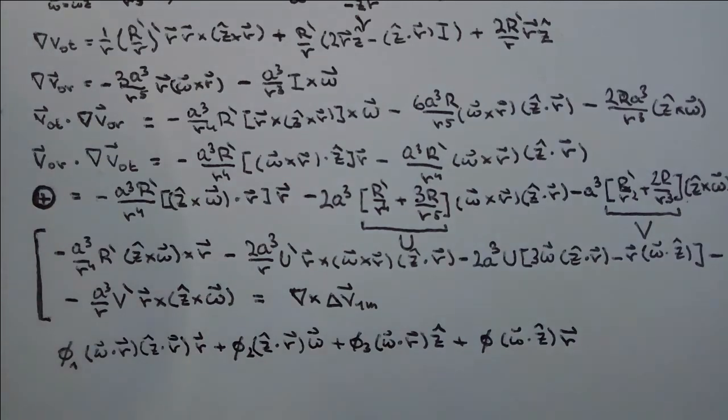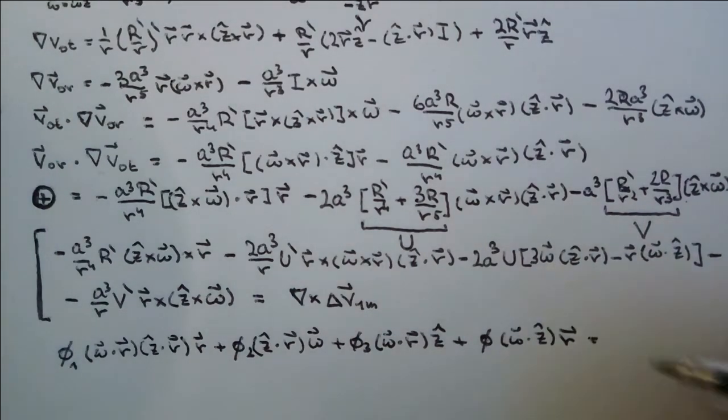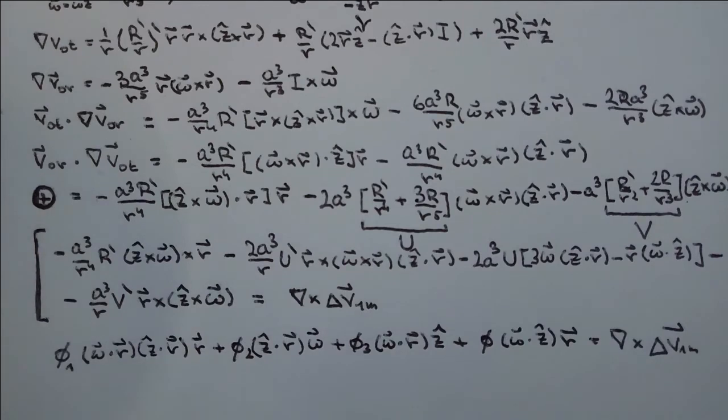So this is the form of the left hand side, and this has to be the curl of the Laplacian of the V1m field. Now I will guess the solution, as I've always done, and the guess will be this.